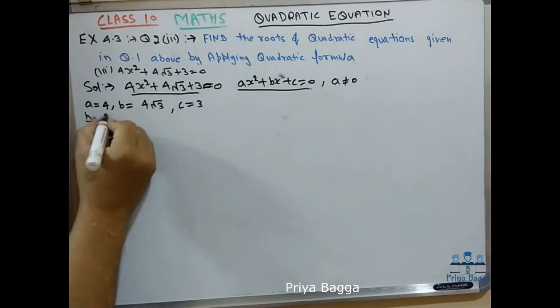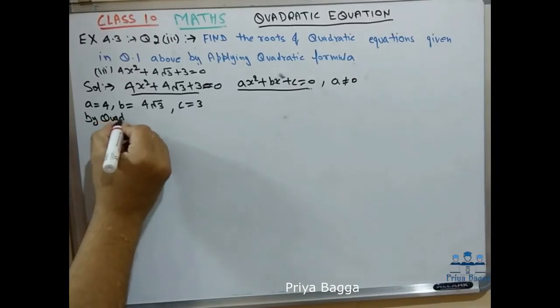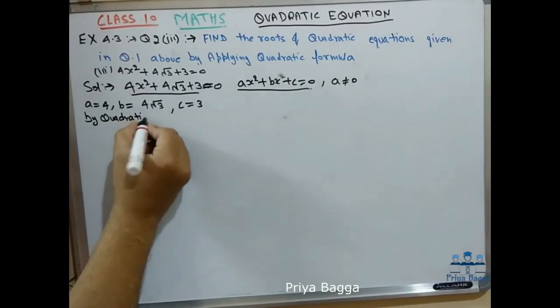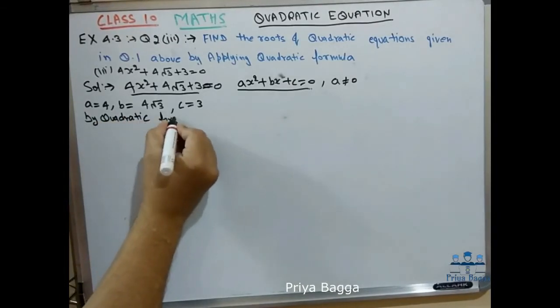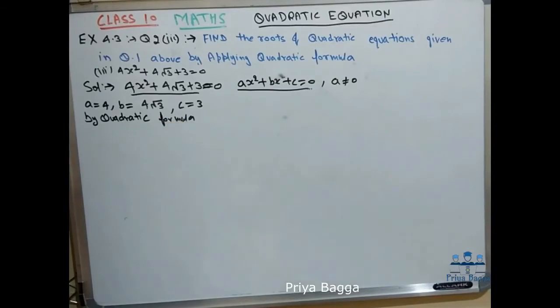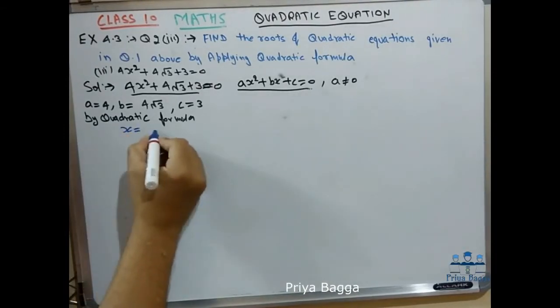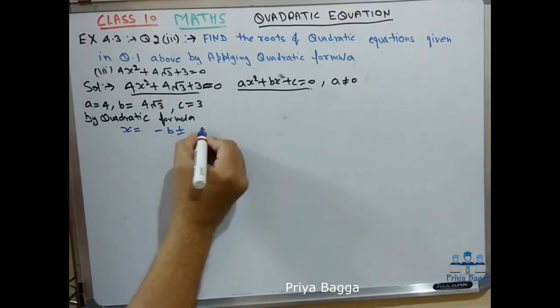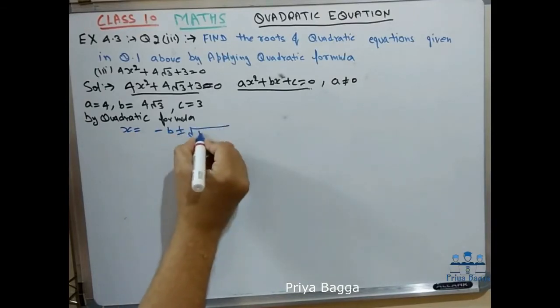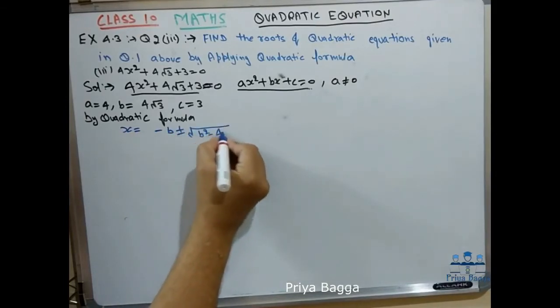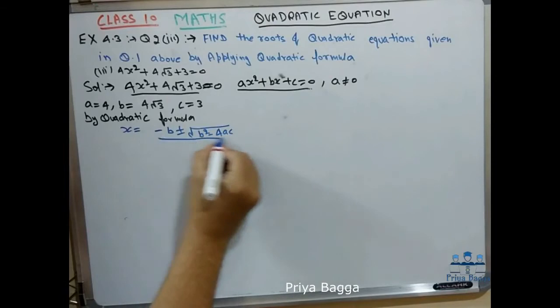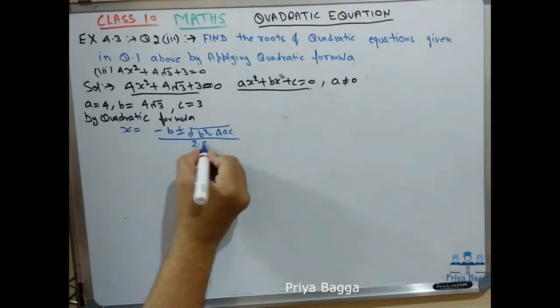x is given as minus b plus minus square root of b square minus 4ac over 2 into a.